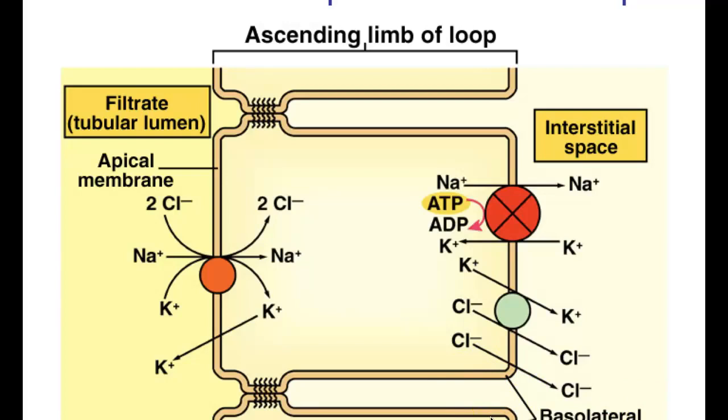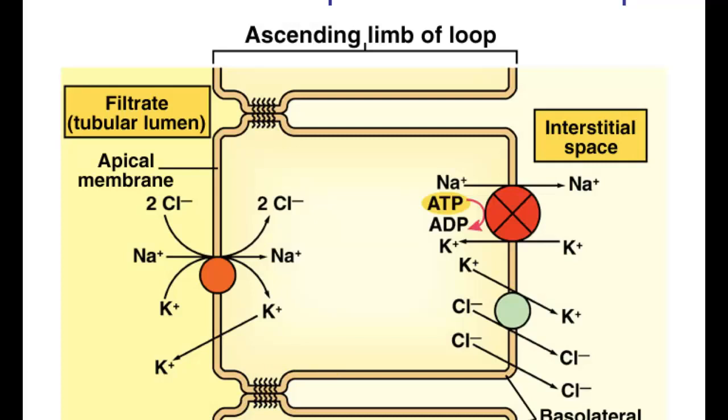And so what you do then is that ends up with this net movement of potassium secretion, so into the lumen. You're trying to get rid of potassium. Also on the basolateral membrane, there is a potassium chloride cotransporter.